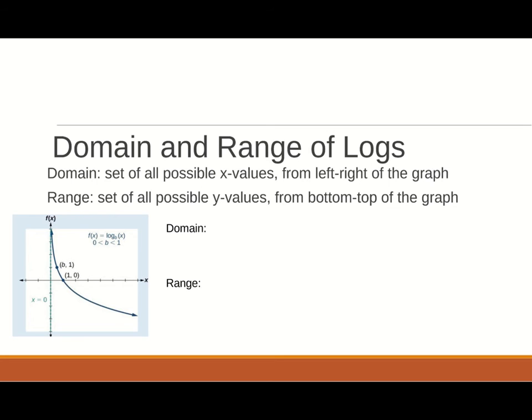So when we're reading this graph left to right, we know that the domain will start at 0, but will never hit 0. So it can't equal 0.